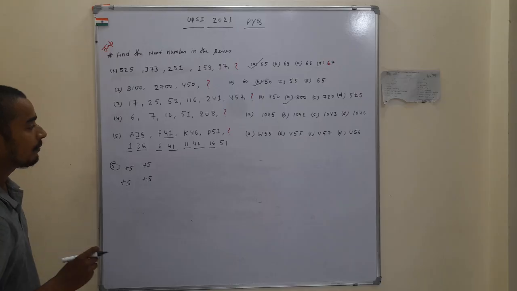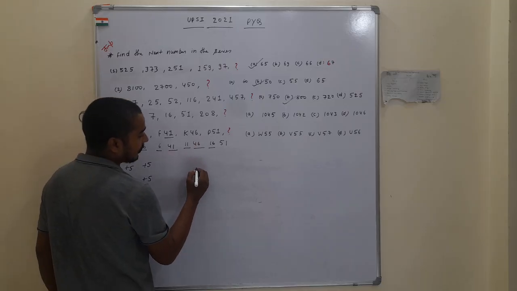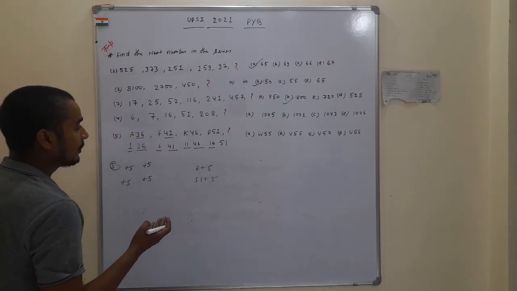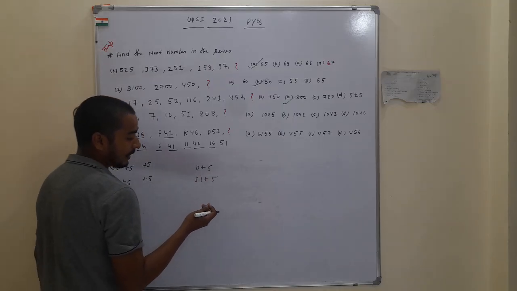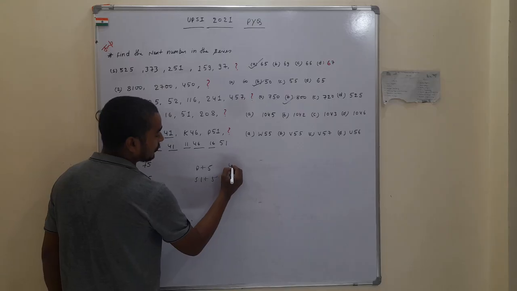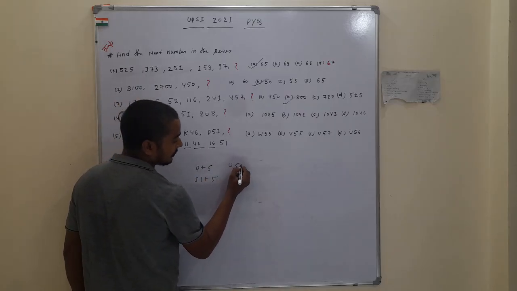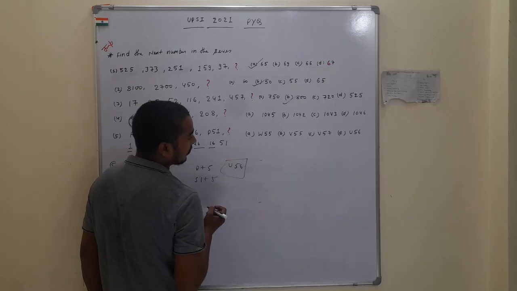So in the last, we add 5 to P and 5 to 51. From P, Q, R, S, T, U, we get U, and 51 plus 5 gives 56. So the answer is U, 56.